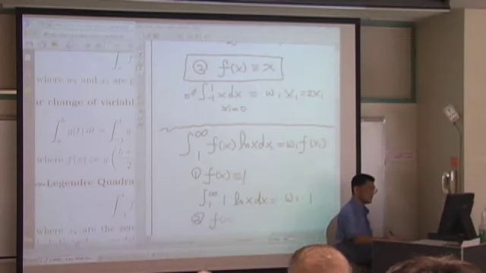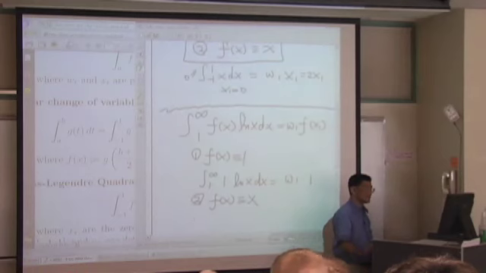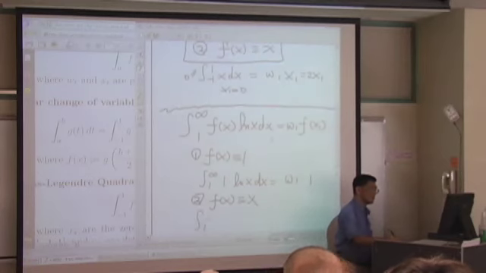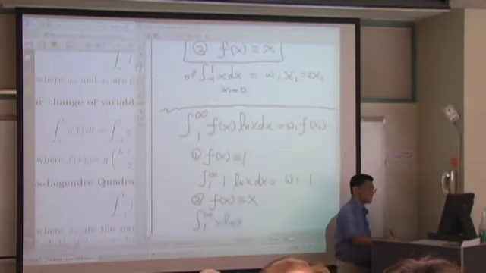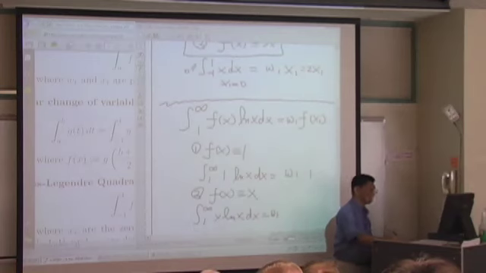The second step is f of x equals x, and then use these in the position of f, right? So the integral from 1 to infinity of x log x dx equals w1 times x1, right? And w1 is already found here, some number, right?